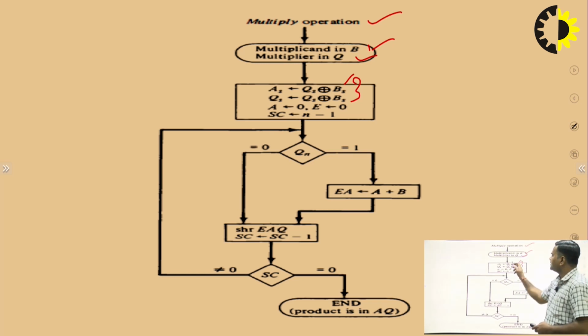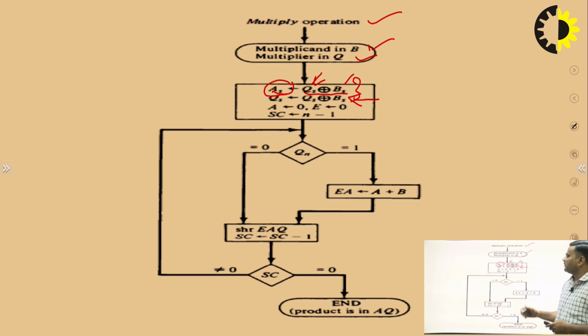Similarly, we store the multiplier in the Q register and its sign in QS, and we perform the XOR operation. Then we get the sign of the result, which is stored in AS. There is no requirement of this phase, because we already stored the result in the AS 1 bit register, or we can say the 1 bit flip flop.